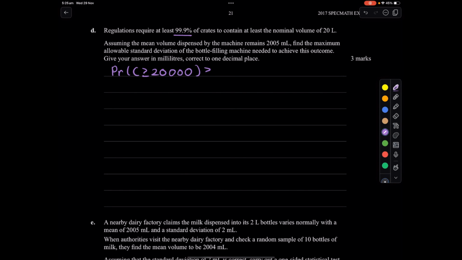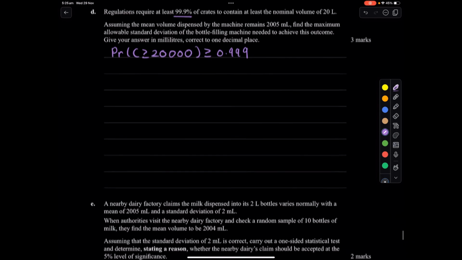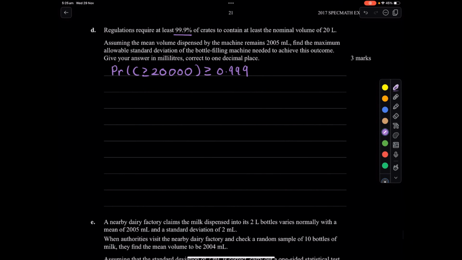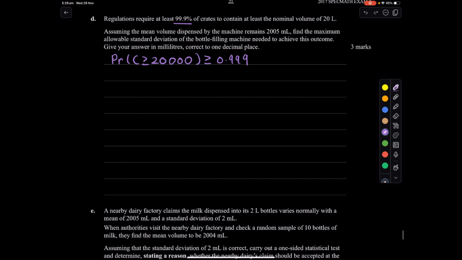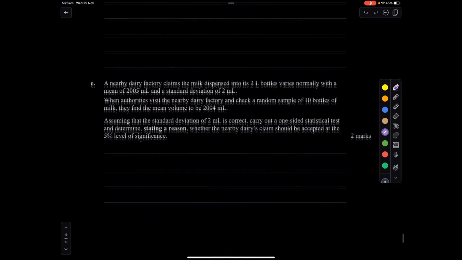So we want crates to be at least the nominal volume, which is again 20,000. And we want this to be greater or equal, because we want it at least, so we'll write this as 0.999. We're still using the expected value of this, and we want to find the standard deviation. Wow, 3 marks. What do I do here? I'm just having a blank now.